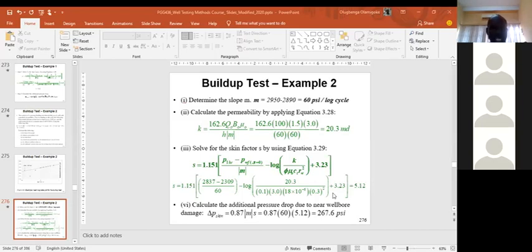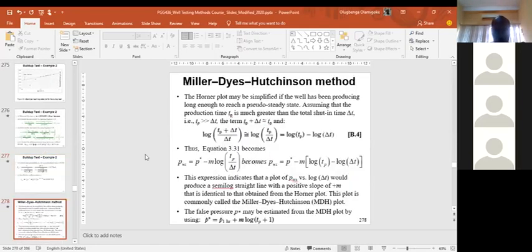So basically what is left is to be able to apply the formulas. I wouldn't belabor that. This is actually where I was supposed to start the lecture. Now, most of what I've discussed so far entails using the Horner time.